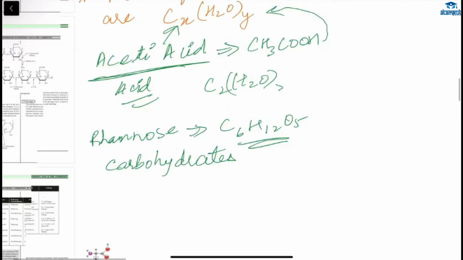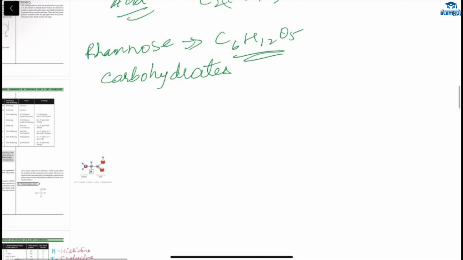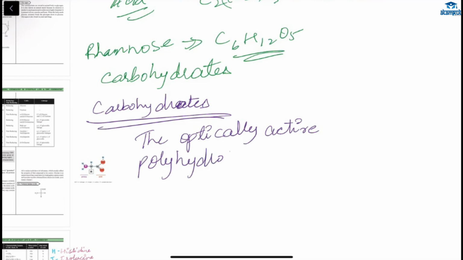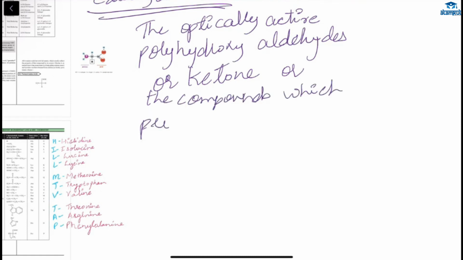Now, the exact definition that we have to write in the exam: carbohydrates are basically optically active polyhydroxy aldehydes or ketones, or the compounds which produce such units on hydrolysis.